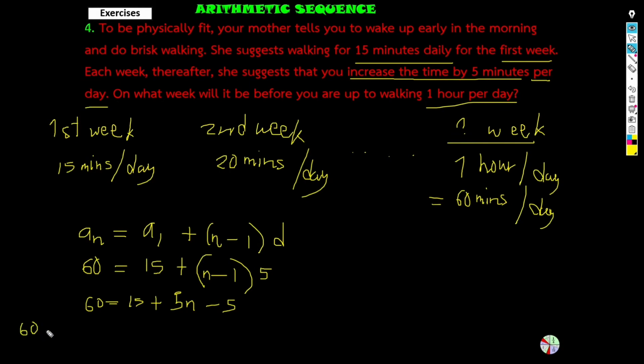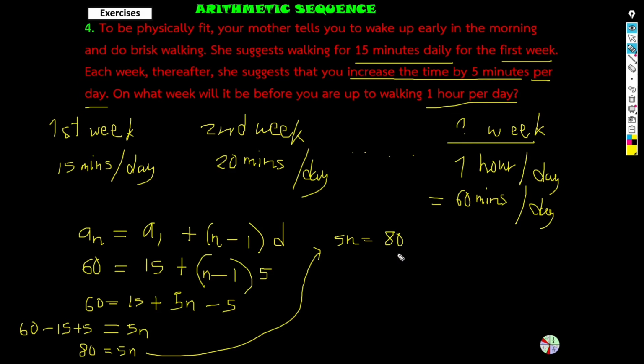Therefore, it will be 60 minus 15 plus 5 equals 5n. So 60 minus 15 plus 5 is just equal to 80, which equals 5n. So 5n is equal to 80. Therefore, we need to divide 80 by 5 to get the value of n. So 80 divided by 5 is 16.